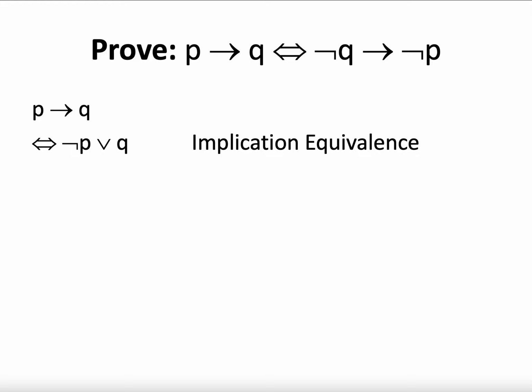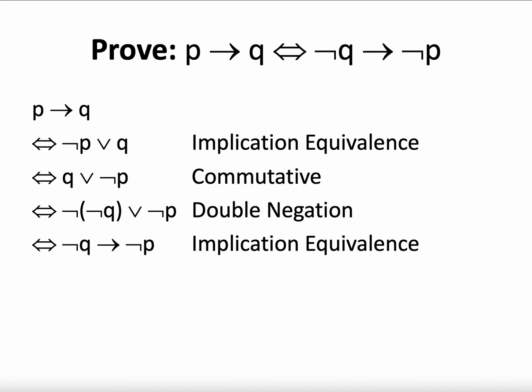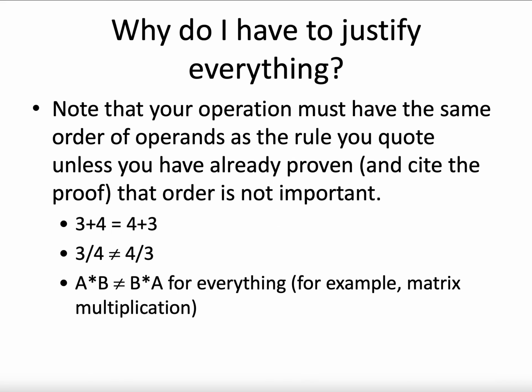So once you negate it, you're going to have negative P and Q. If you have a commutative, you're going to actually have Q and negative P. If you have a double negation, you have negation of negative Q or negative P, and then you have implication equivalence, which again gives negative Q implies negative P. That's what we're trying to prove. So that's your contrapositive.